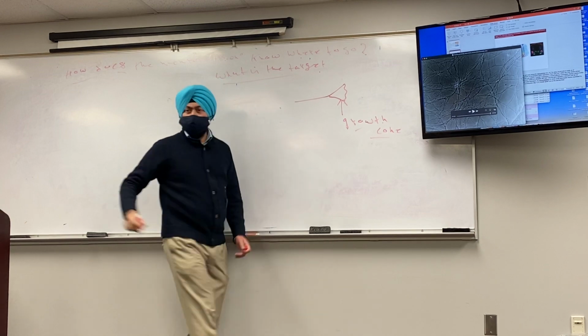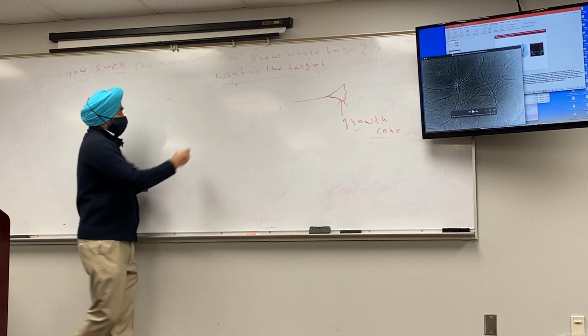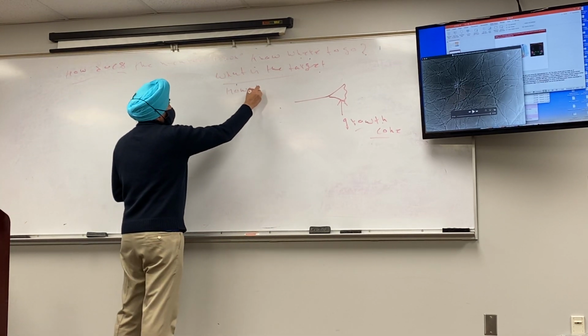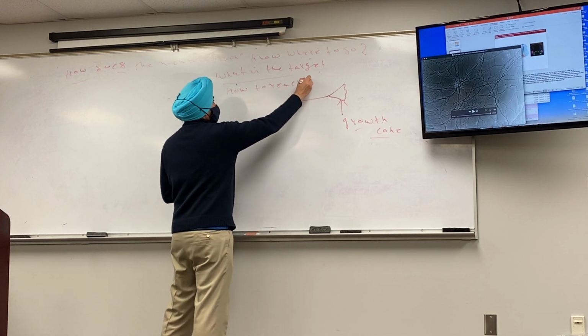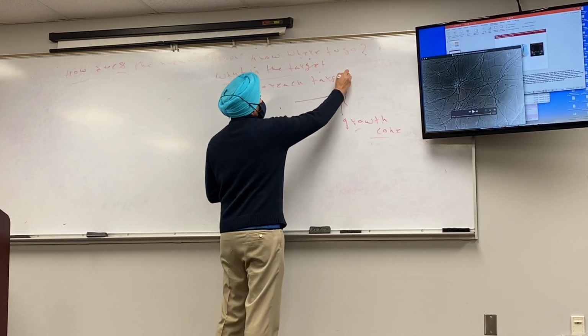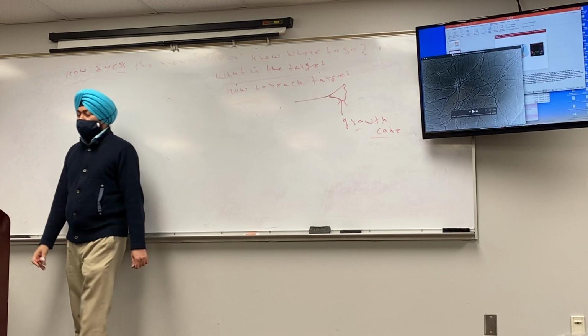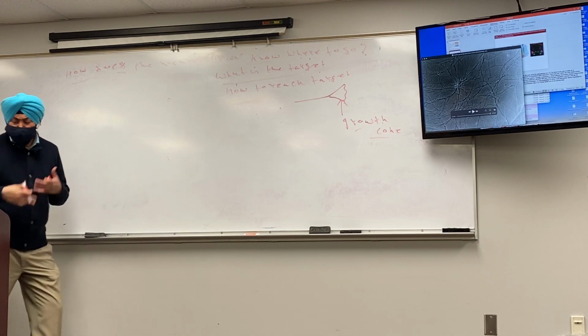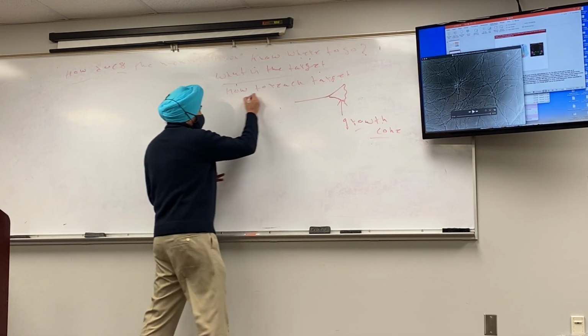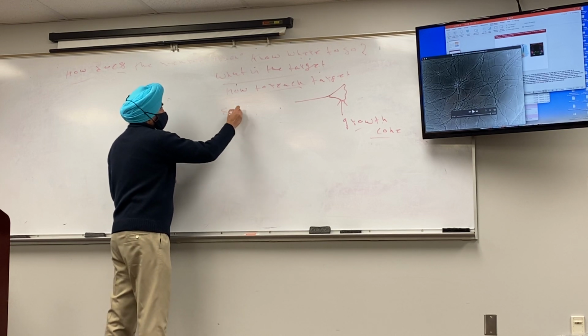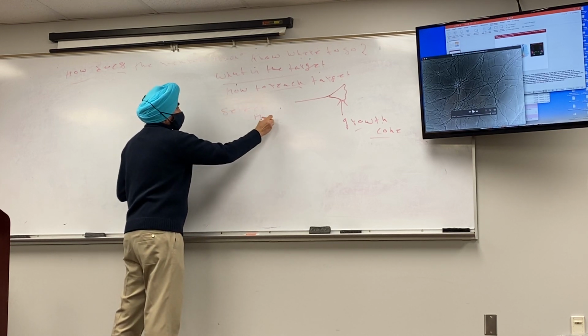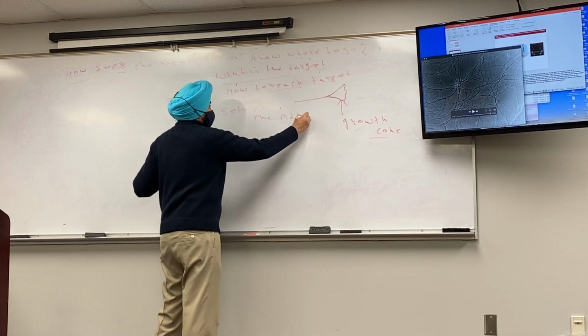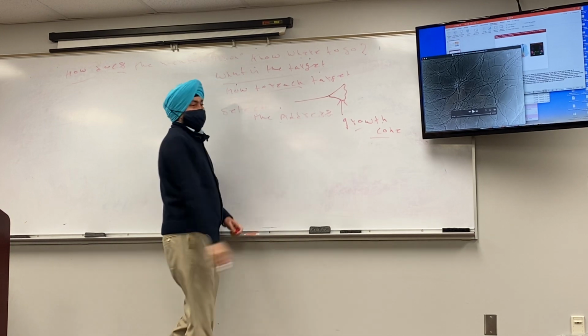First, what is the target? And the second question is, how to reach the target? And then, even when I reach the target, how to select the address, and what the address is, I'll explain to you.